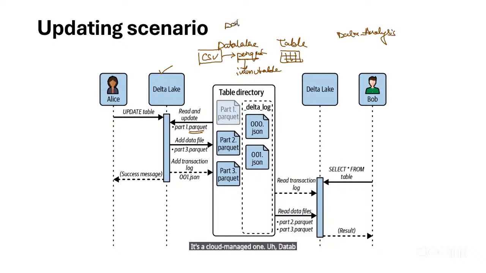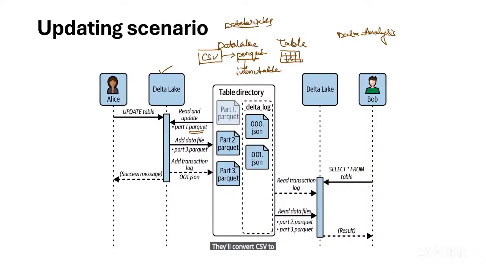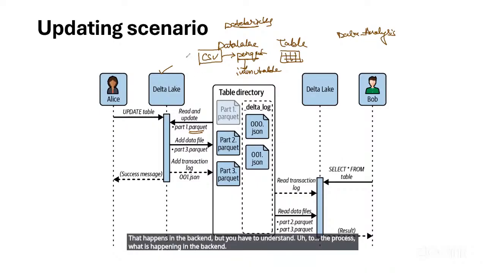Databricks is a cloud, and it's hosting the Delta Lake. They'll take care of it. When you try to load your CSV file into the table, you'll get it. But in the backend, what happens is they convert CSV to Parquet. On top of that, they create the table. That happens in the backend. But you have to understand the process, what is happening in the backend.